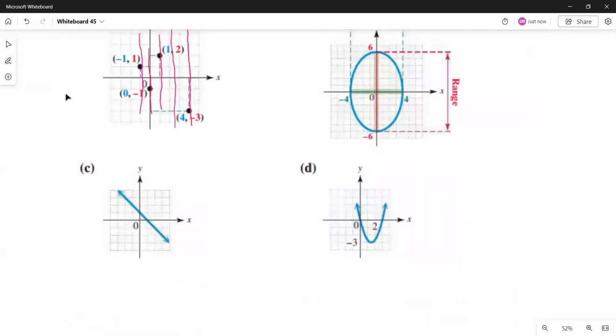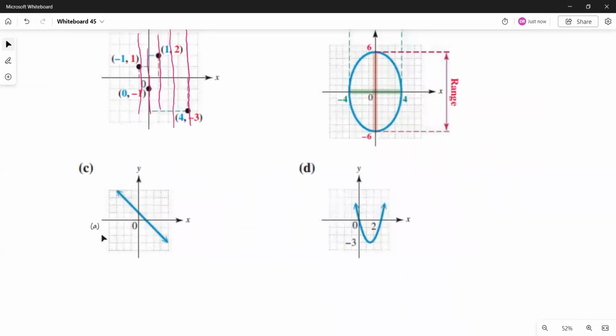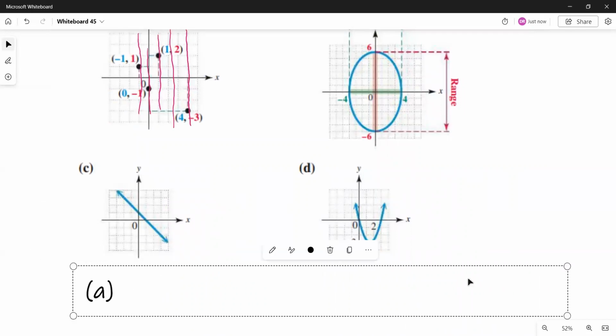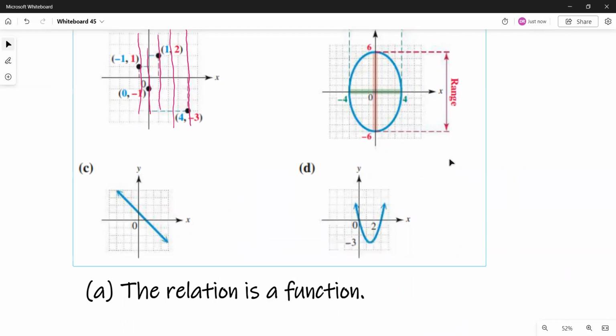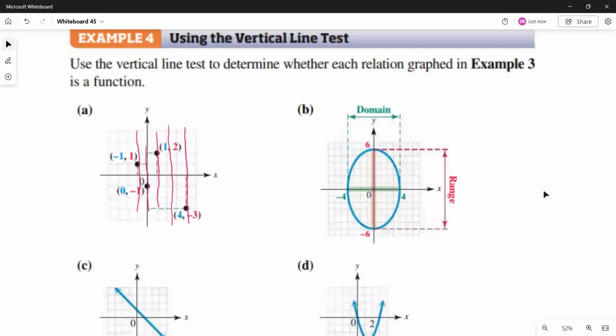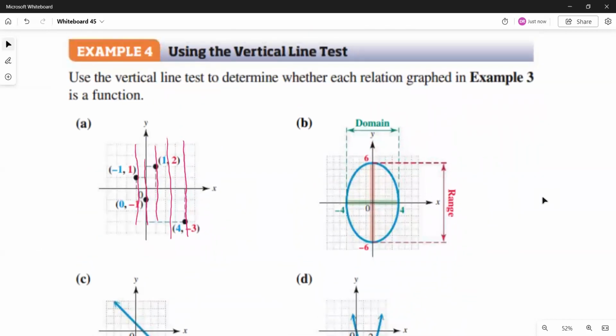Let's write a note. In A, the relation is a function, because every vertical line intersects the graph at most 1 point.